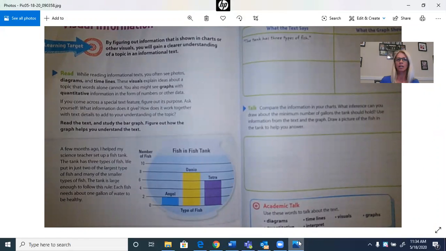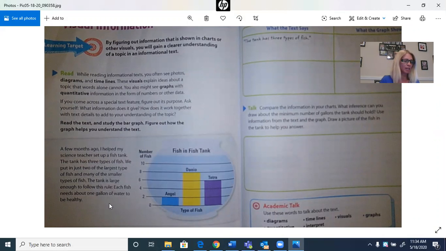And then it's also going to come with the informational text part, which is the word part of it. So here at the bottom, you see a graph, it's a bar graph, and then you have the information over here. So you're using this bar graph with the information to get the answers that you need or the understanding you need in the story.